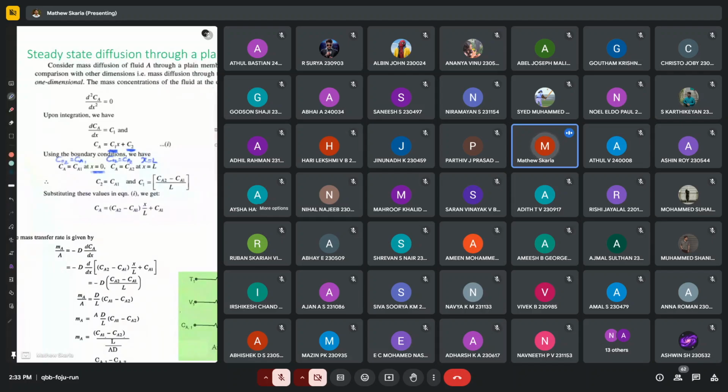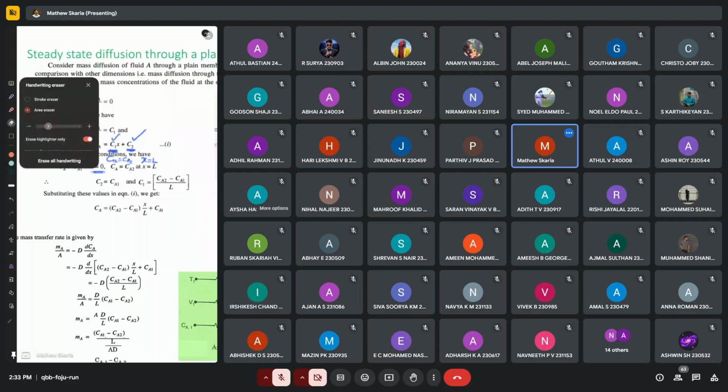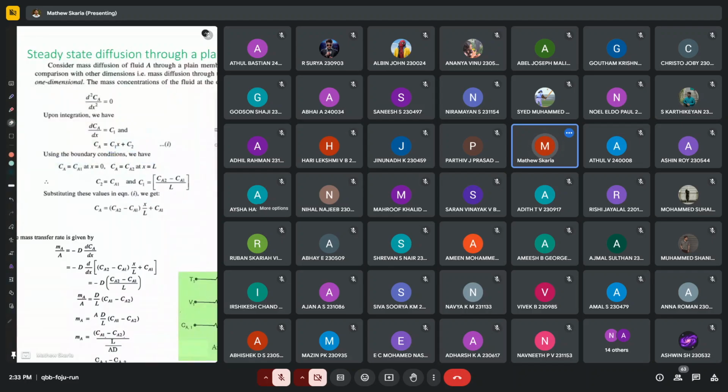ഈ കോൺസ്റ്റന്റ് C1ഉം C2ഉം റിമൂവ് ചെയ്യാൻ വേണ്ടിയിട്ടാണ് നമ്മൾ ഈ രണ്ട് ബൗണ്ടറി കണ്ടീഷൻ എടുക്കുക. ആ ബൗണ്ടറി കണ്ടീഷൻ എടുക്കുമ്പോൾ, ഫസ്റ്റ് ബൗണ്ടറി കണ്ടീഷൻ എടുക്കാം. ദാറ്റ് ഈസ് at x equal to 0, Ca equal to Ca1. ഇവിടെ നമുക്ക് ഈ ഒരു എക്സ്പ്രഷനിലേക്ക് പോവാം. ഫസ്റ്റ് എക്സ്പ്രഷൻ, x equal to 0, x 0 ആകുമ്പോൾ C1 x 0 ആണ്.